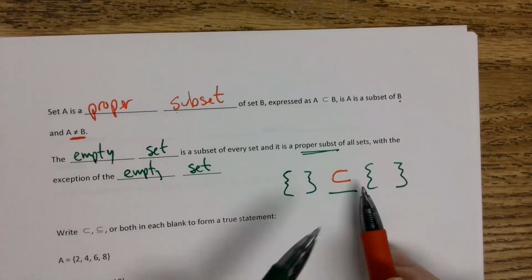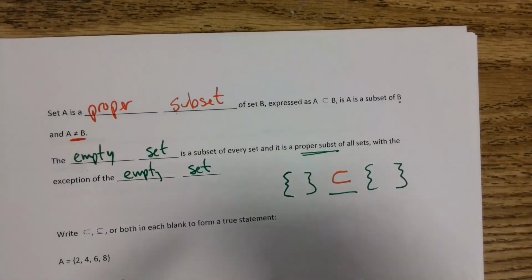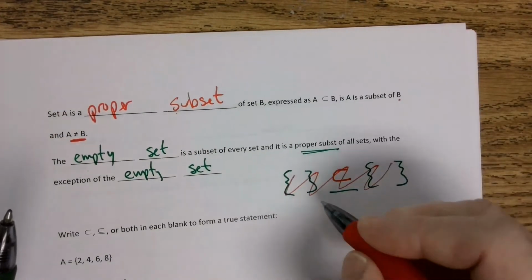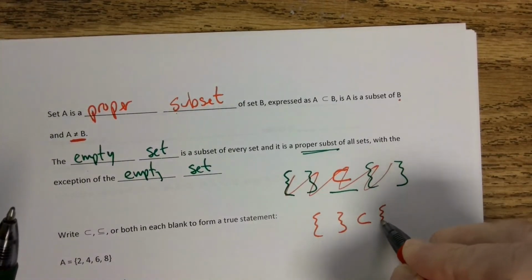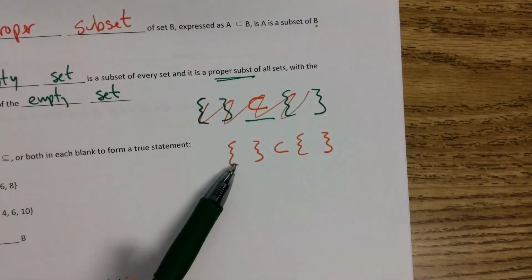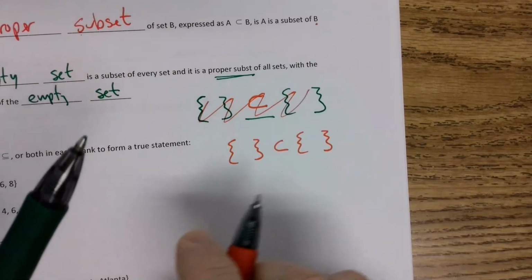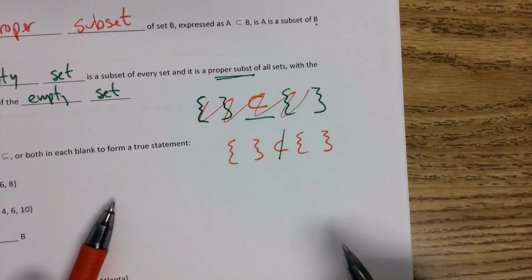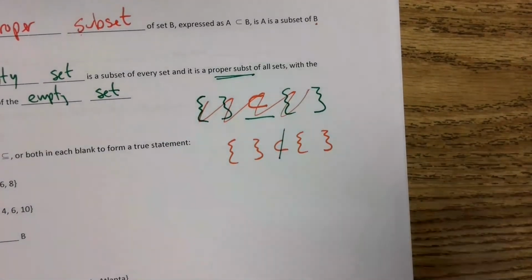Okay, I'm gonna redo this. Forget that. That's not written right. Okay, remember the empty set is a subset of every set. However, it's not a proper subset of itself. It's weird. It really comes down to definitions.